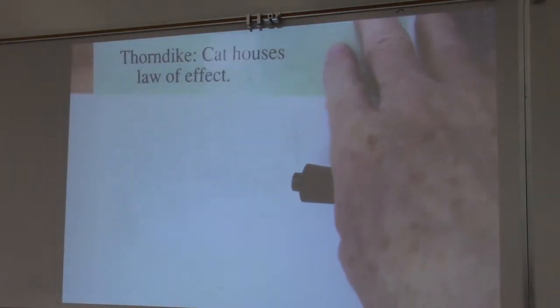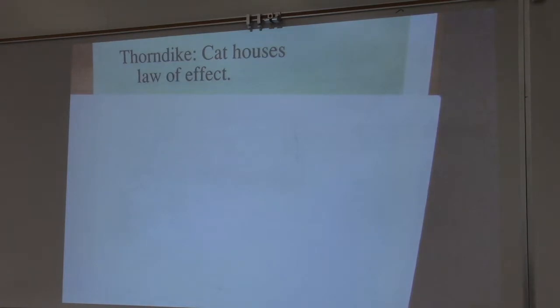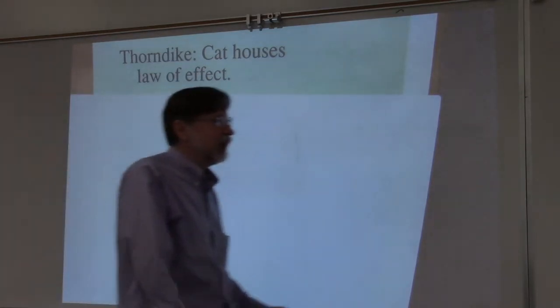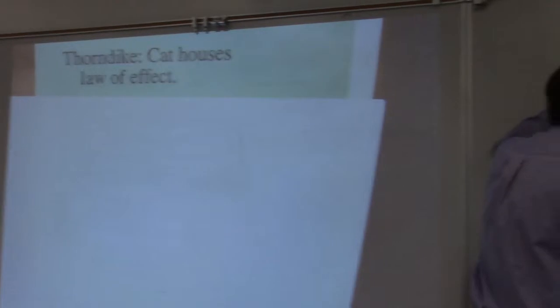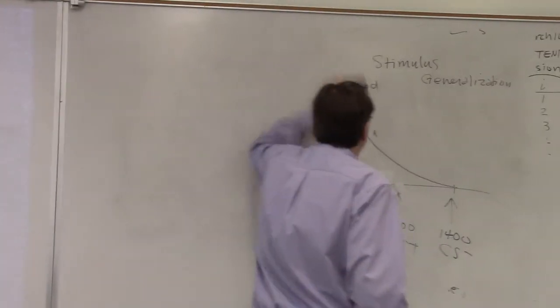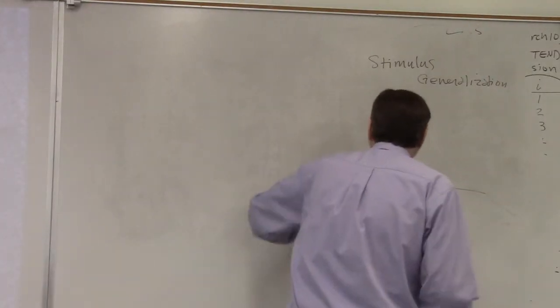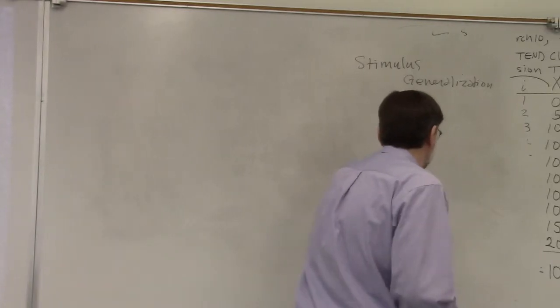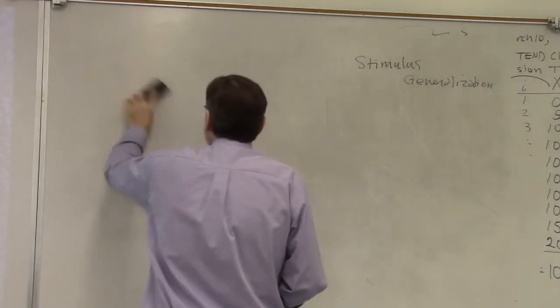So Thorndike put cats in a box. He captured an alley cat, put it in a box, and put a piece of liver next to it.